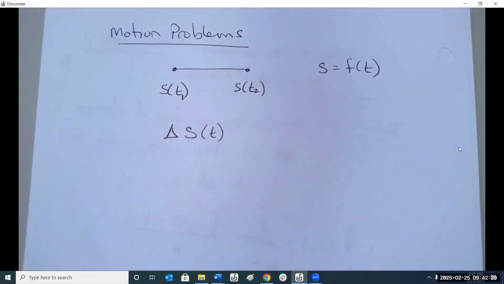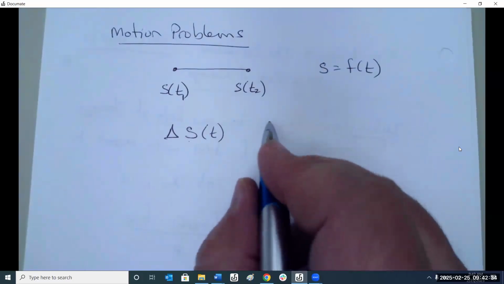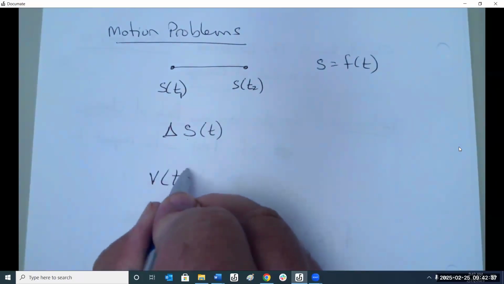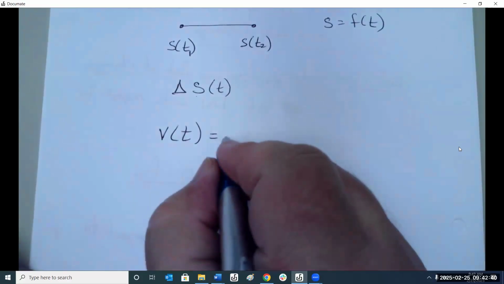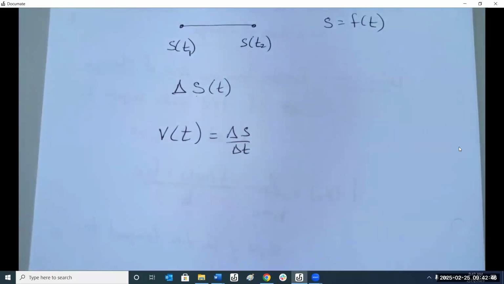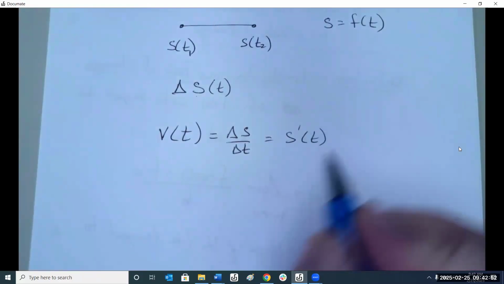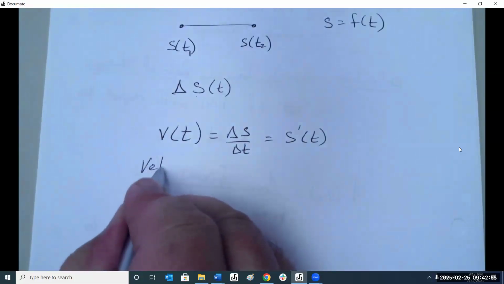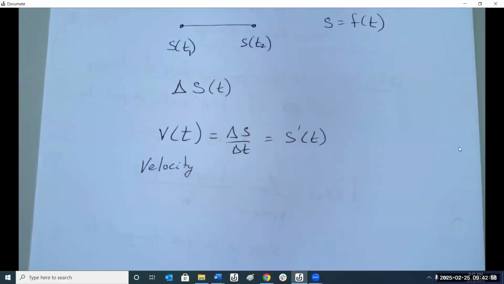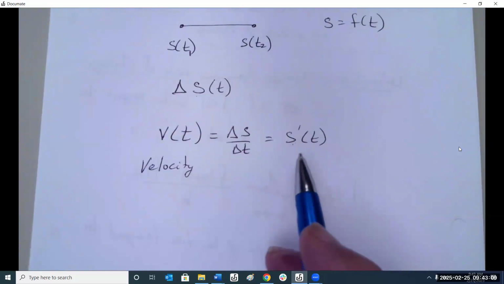When we start changing it, we call it the velocity. The velocity is the change of S over the change of t. It's the first derivative of our function. It's the change of position of our object over time. So the velocity is the first derivative of our position function.